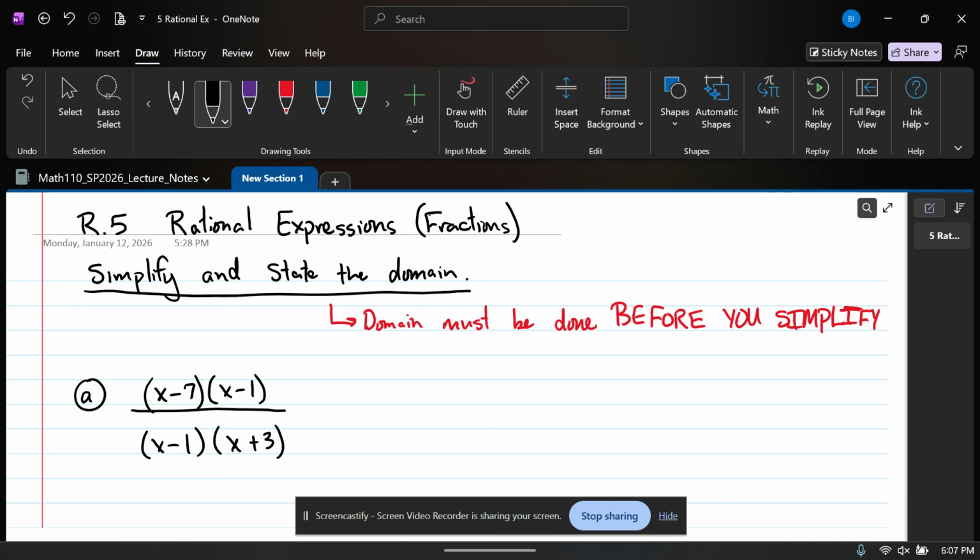Okay, so the numerator for this problem is x minus 7 times x minus 1. The denominator of this problem is x minus 1 times x plus 3. So before we simplify that, we want to find the domain. So to find the domain, we're going to take the denominator, x minus 1 and x plus 3.